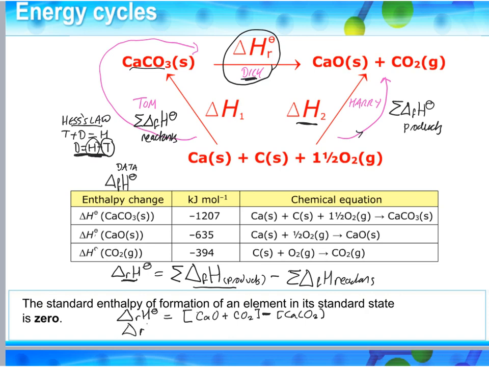Now I'm going to put my values in. So I'm going to write this underneath to show sequentially. So the value for calcium oxide is minus 635 kilojoules per mole, added to carbon dioxide, which is minus 394 kilojoules per mole. And from that, we take away the enthalpy of formation of calcium carbonate, which is minus 1207 kilojoules per mole.